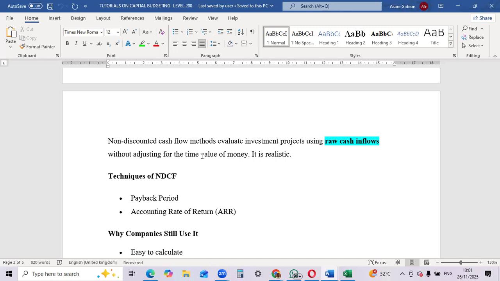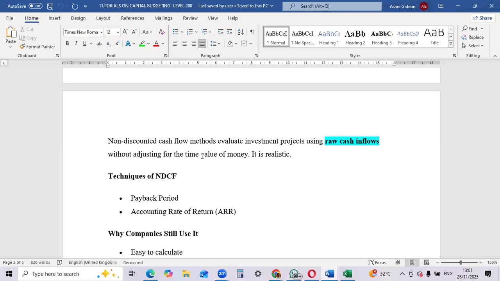Anything can happen because we are not managers or controllers of the macro economy. Inflation can come in at any point in time. So the 2 cedis that I've promised you next week, it could be that within this week, prices of Alewa could go high, and that 2 cedis will not be enough for you to buy the Alewa that can be bought today using the 1 Ghana cedi. So that is basically the concept of time value of money.